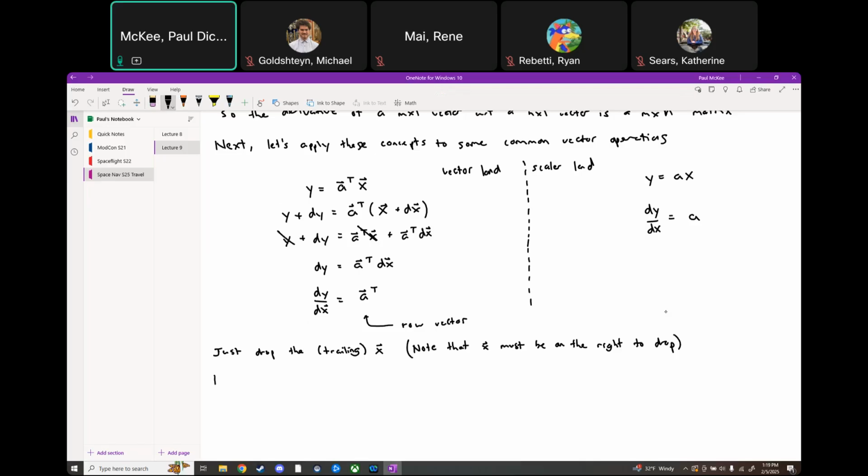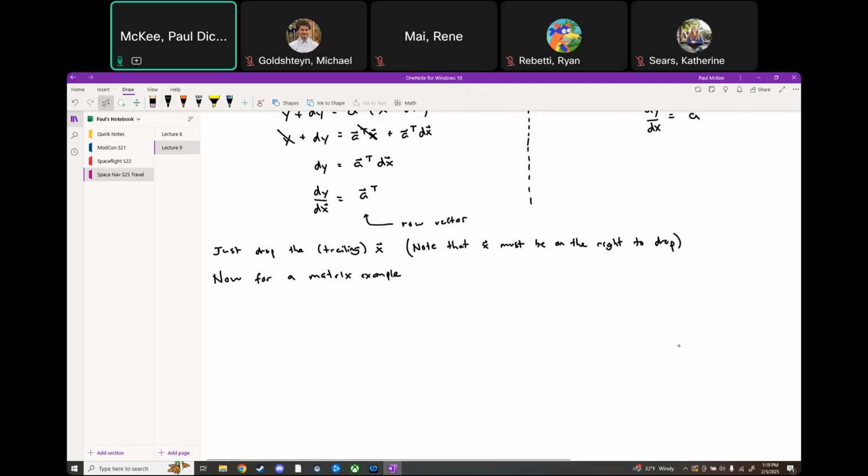So now for a matrix example. Once again, we're going to divide and talk about vector land and scalar land.